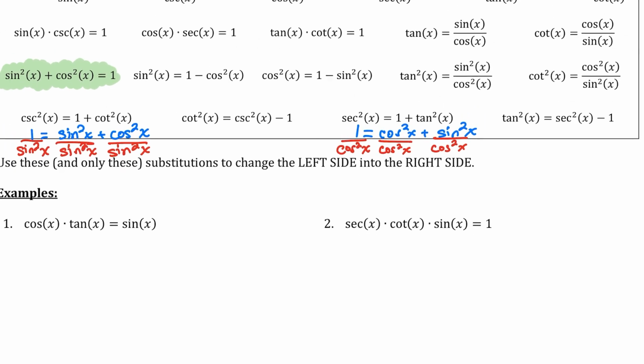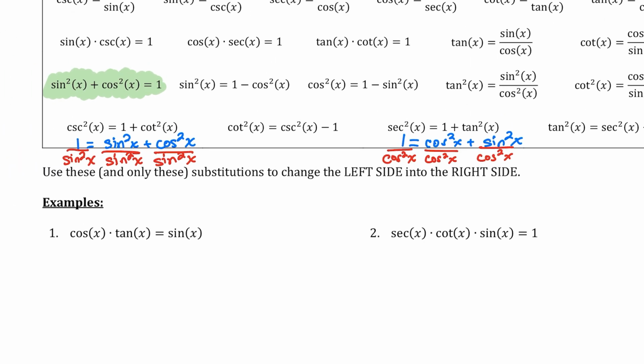So sine squared plus cosine squared can be manipulated to get all sorts of different equations, especially two new ones that use different trig functions. But these three identities are going to be important for you to know. These are three that usually are given to you on any kind of assessment in this class.